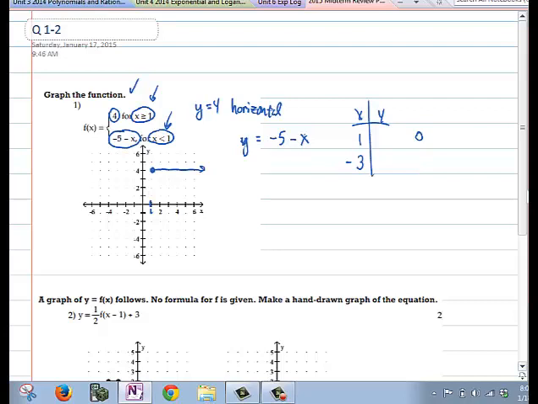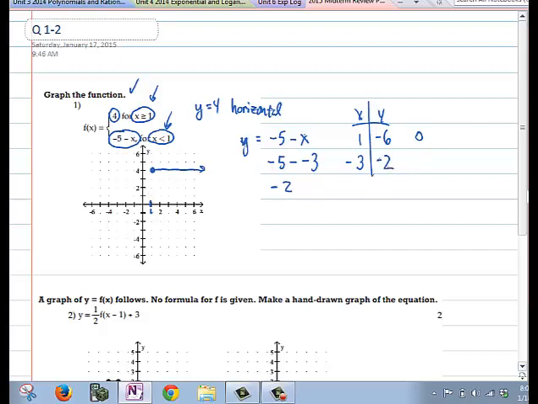You'll be able to draw your line through those points. So when x equals 1, y equals -6. And for the next one, when x equals -3, y will equal -2. So now you have two coordinates you can plot.